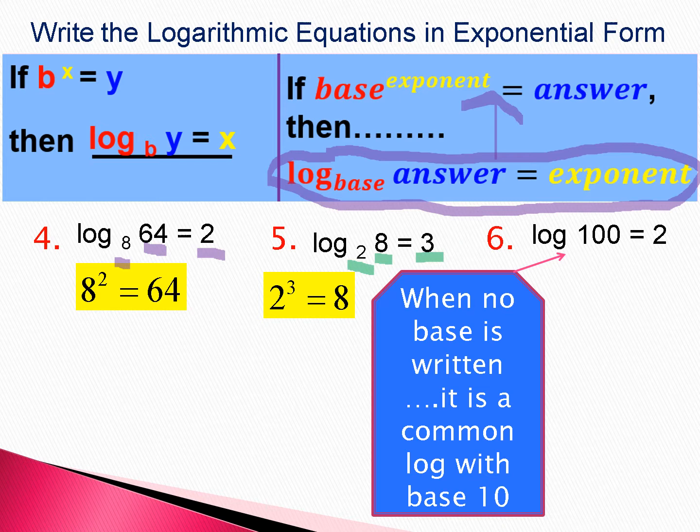So if we don't write the base and it's not a variable, then your base will always be 10. So this becomes 10 squared equals 100. So again, when there is no base written, it's always going to be what we call the common log, and it's going to have a base of 10.